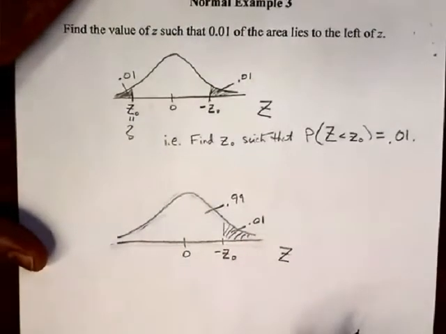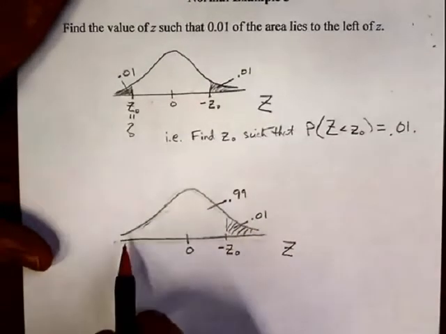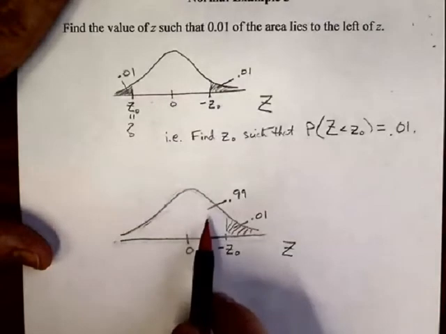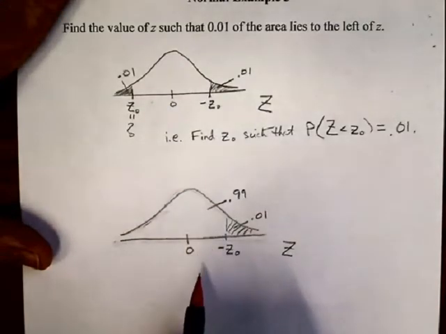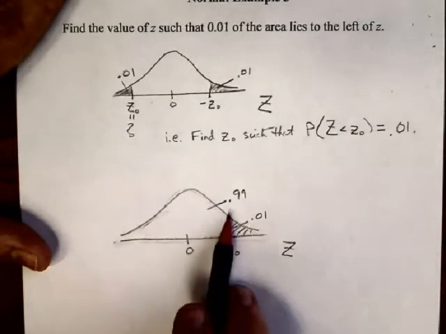So I can use table C now, because table C for given z-scores gives me areas to the left of that particular z-score. And what I've got is a z-score that has an area to the left of 0.99.